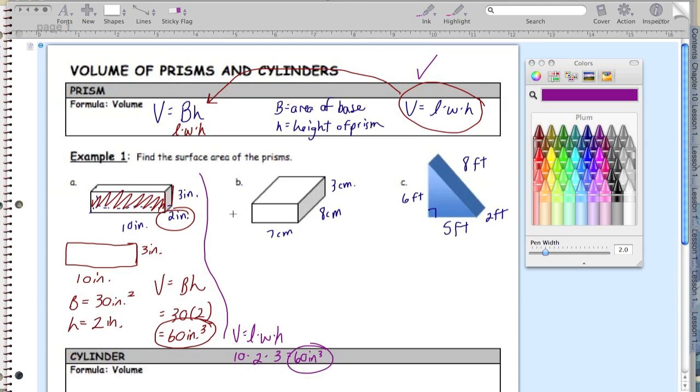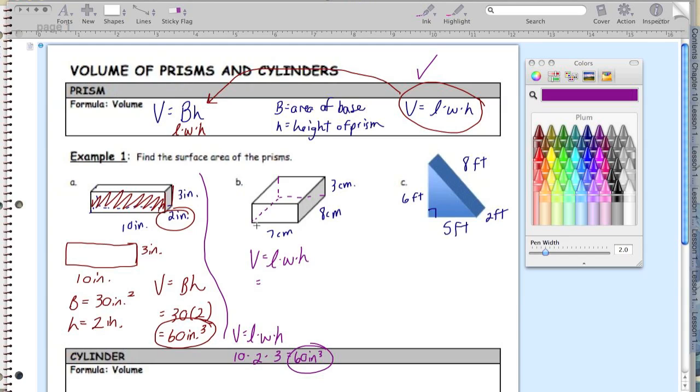Okay, so knowing this new knowledge, for part B, we have a rectangular prism. If I'm asked to solve for the volume, I can use the real formula, area of the base times the height, but I know that it's a rectangular prism, so really all I have to do is length times width times height.